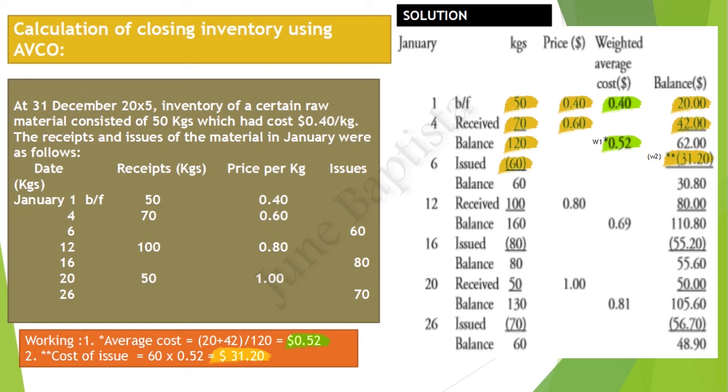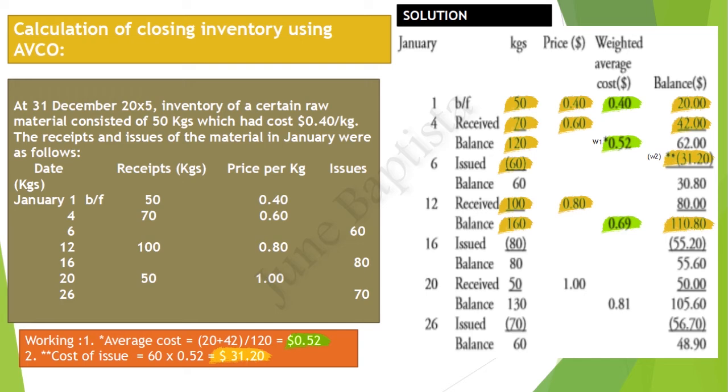On the 12th, 100 kgs were purchased at a price of 80 cents per kg, and therefore the new average cost would work out to $110.80 divided by 160 kgs to give us 69 cents per kg.